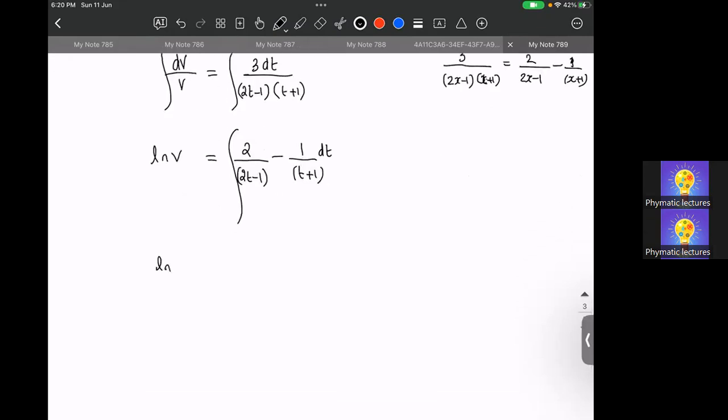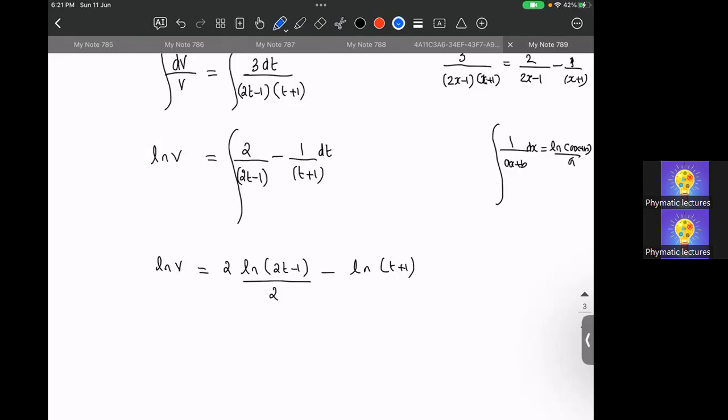Now you can separately integrate it. So ln v is equal to, because integral of 1 over (ax plus b) dx is what? It is ln of (ax plus b) by a. So the same scenario works here. 2 ln of (2t minus 1) by the coefficient of variable t, that is 2, minus ln of (t plus 1). So after integration, we should also keep the constant of integration.